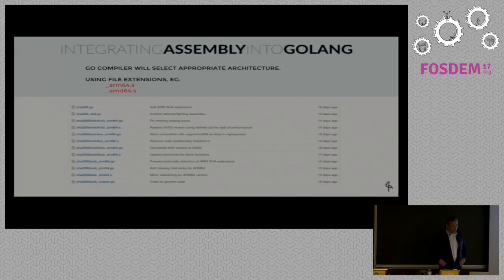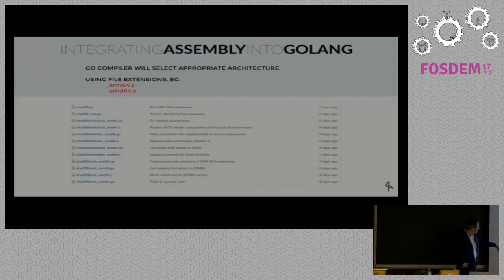If you want to integrate assembly into Golang, you have to use the .s extension for assembly, and that is prepended by an architecture identifier. So _ARM64 means that the assembly is for the ARM 64-bit platform, and likewise AMD64 will be for the Intel or AMD 64-bit platform.